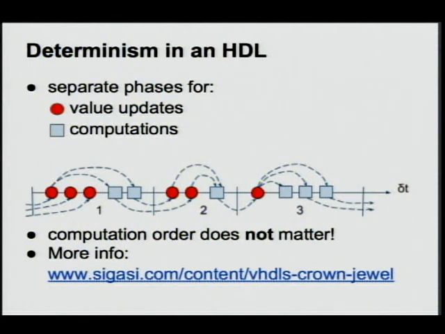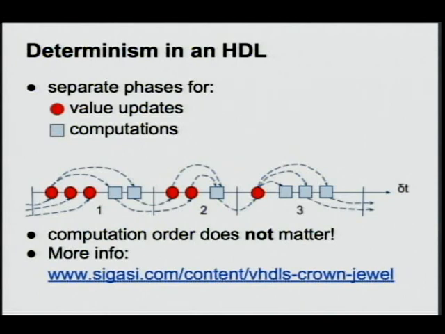The trick is to have separate phases for value updates and computations. What you see here in the red circles are value updates, and in the blue squares you have computations. And these occur in phases. So first value updates, computations, etc. And by ordering in that way, you can see that you will never have the situation where some value sneaks in somewhere and the outcome starts to depend on the order of the computations.